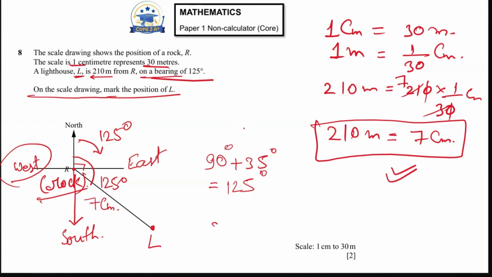It is far from 210 meter, and we have already converted 210 meter equals 7 centimeter. Okay. So this must be 7 centimeter. Okay. I am saying again, if you have any doubt regarding bearing based questions, so please let me know. Okay. So the answer would be 7 centimeter. Next.